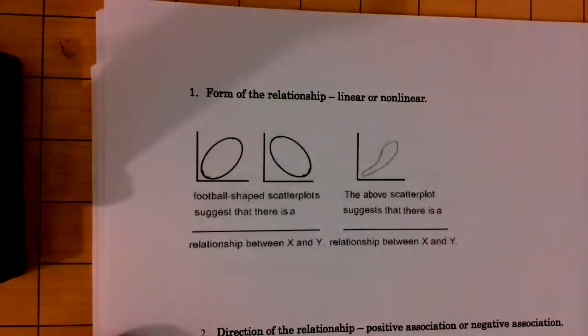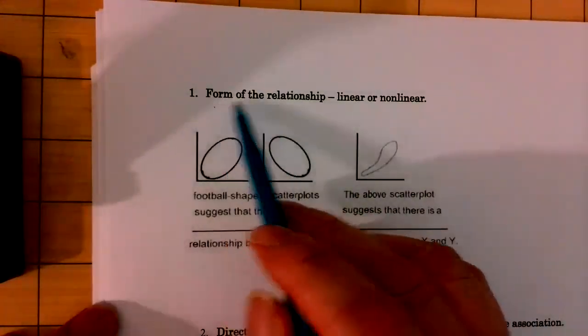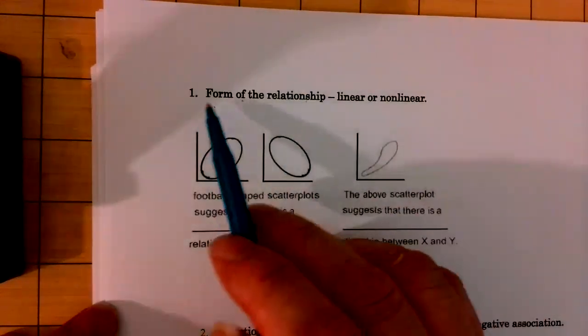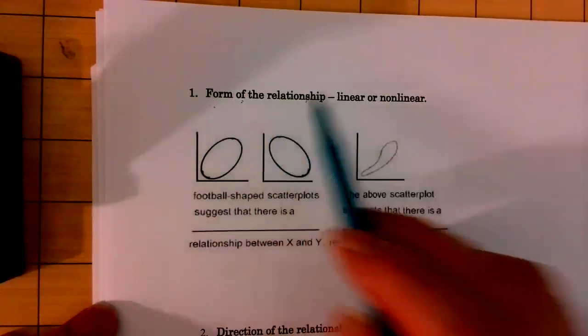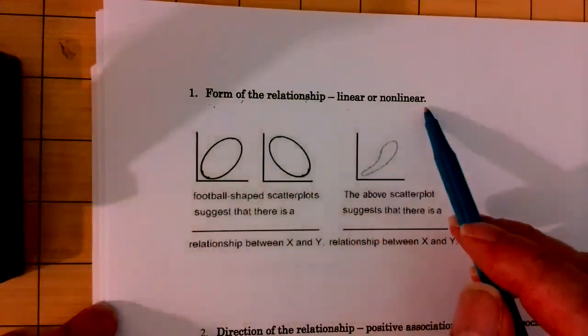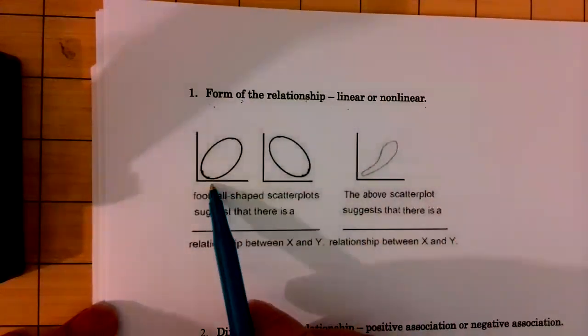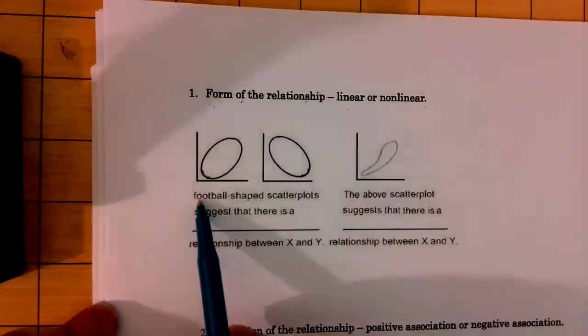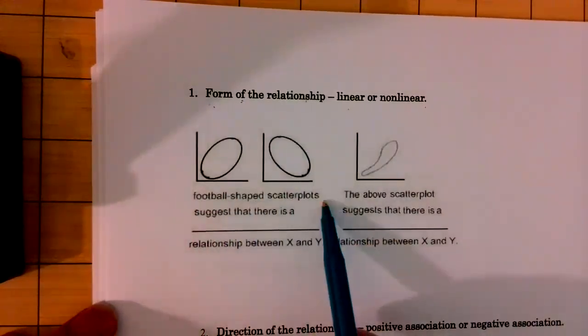First one, we look for the form of the relationship. When we say the form of the relationship, we mean whether it's a linear relationship or a nonlinear relationship. Look at the first two pictures. You see football-shaped scatter plots.